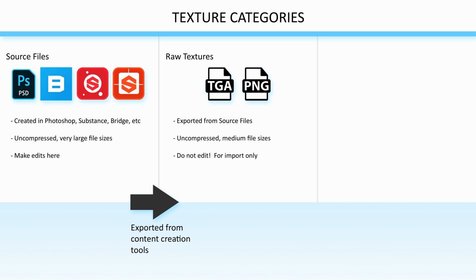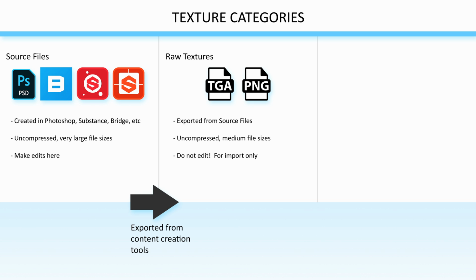These formats are used because they're small, high quality, and support the use of red, green, and blue channels, as well as an alpha channel for storing additional data. While these files are smaller than your source files, they're not compressed and not stored in a format that's natively supported by the graphics card. So, to be able to use them in the game, we need to import them into the game engine.